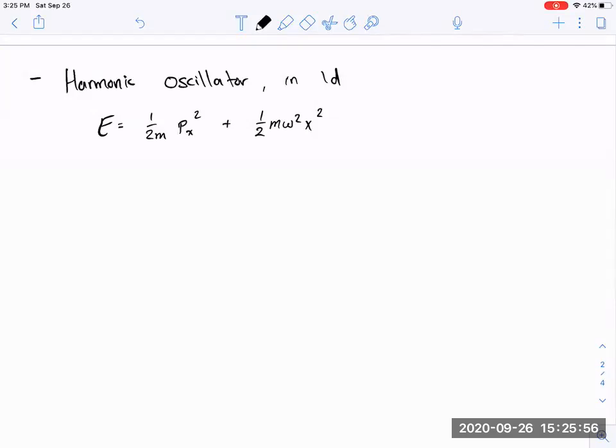Okay, so that's the energy function. If we're going to compute the partition function, we need to identify microstates, which again brings us to this point of whether or not we should consider this problem in a quantum context or in a classical context. We'll do both. Let's start classically.